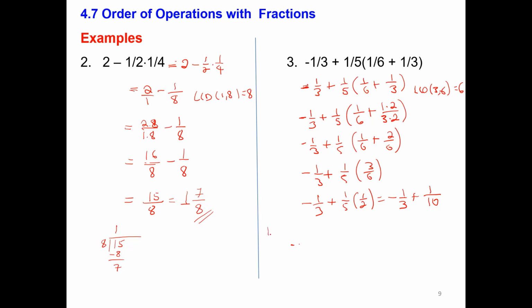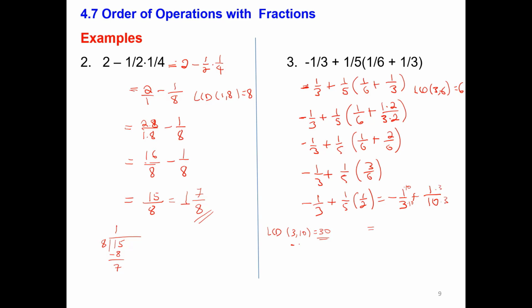Let me write here the LCD of 3 and 10 is 30. Then we want 30 as the denominator. To do that, we need to multiply this fraction by 10, and this fraction by 3.